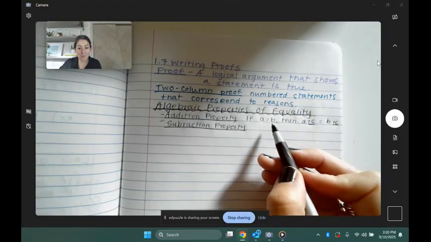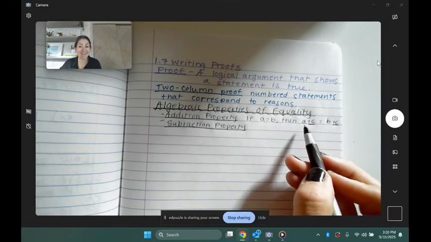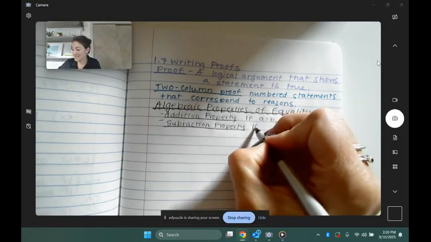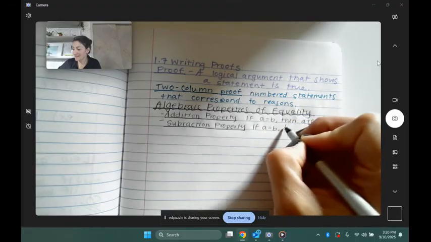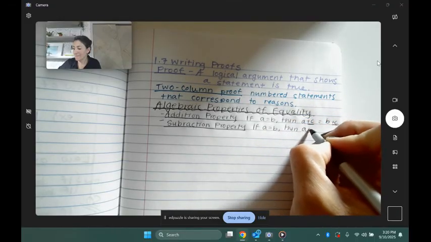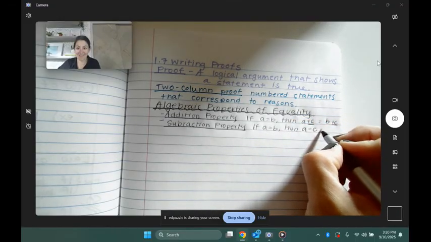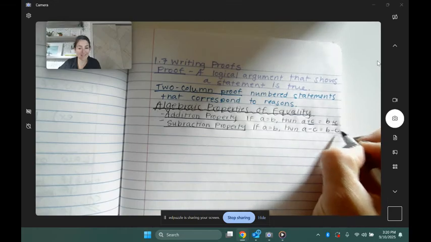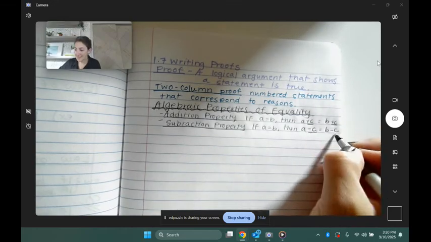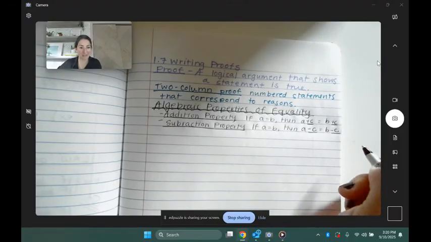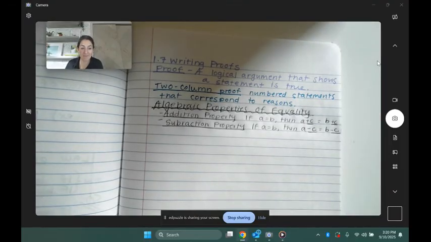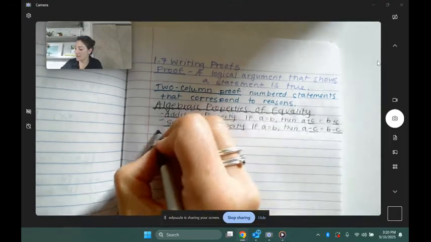If A is equal to B, then A minus C is equal to B minus C. I can subtract the same thing from both sides, as long as it's the same thing on both sides of the equal sign.